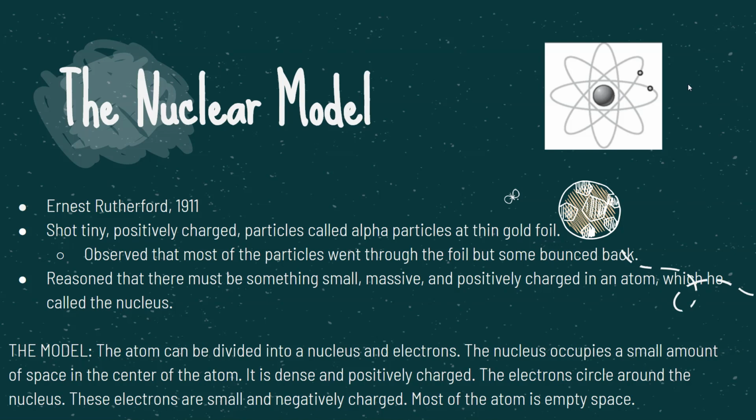The nucleus is dense and positively charged. The electrons circle around the nucleus. The electrons are tiny and negatively charged. Most of the atom is made up of empty space. We'll take a look. You have that nucleus right there in the center, and the electrons are kind of out there on those little rings. So it does appear to be a lot of empty space.